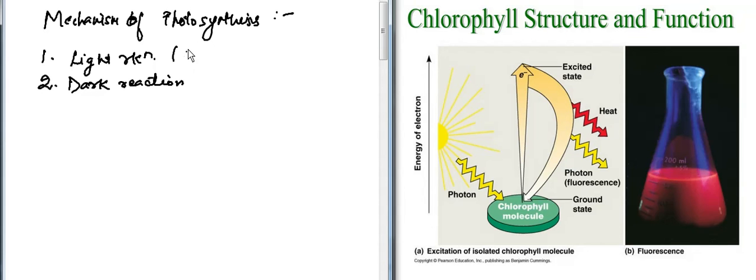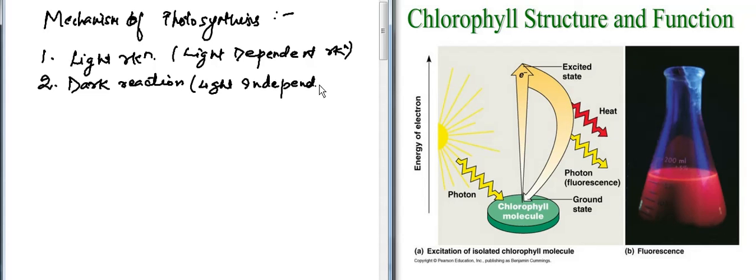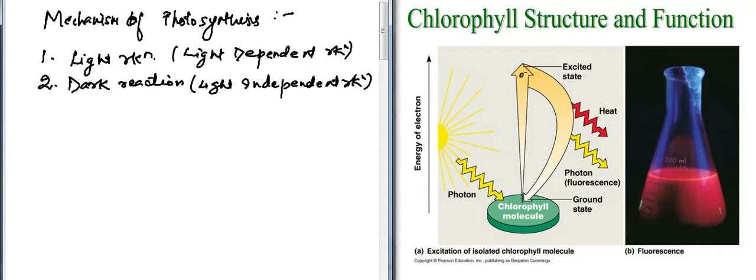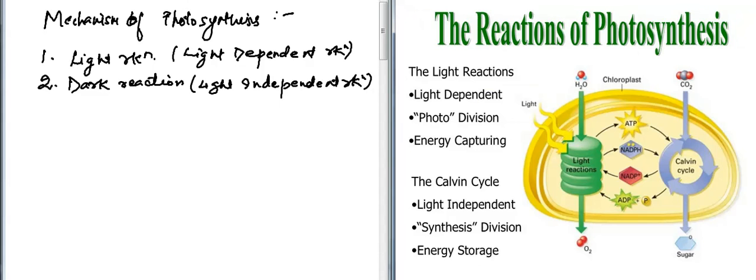Light reaction means light dependent. This is light dependent, and this is light independent. That means light is not required for this process, but whatever product is formed during the light reaction is required. So we are seeing here that the reaction is going on.